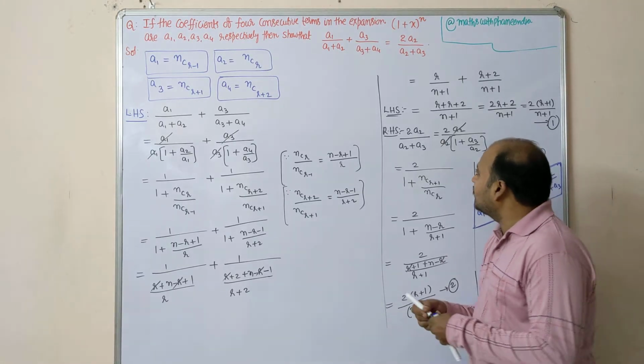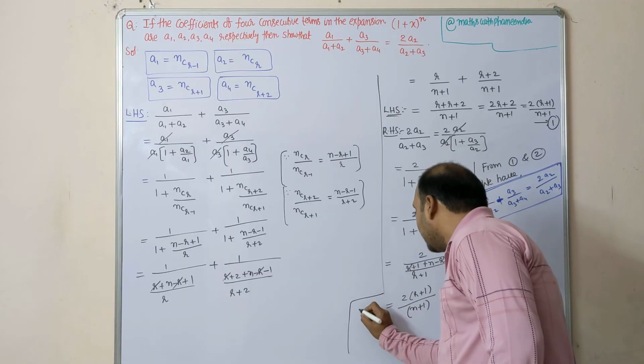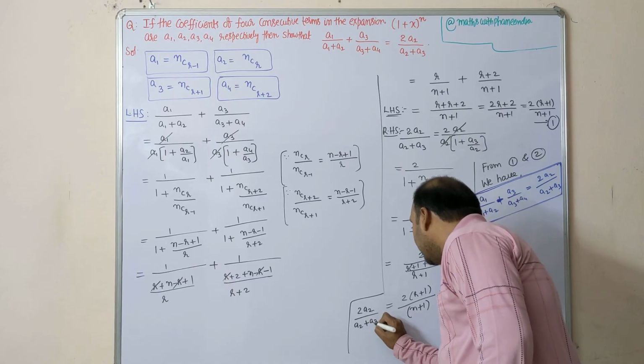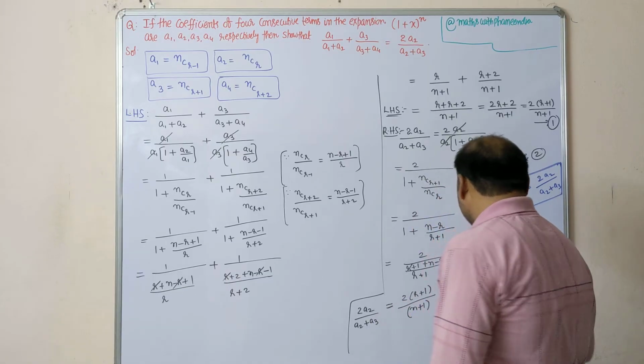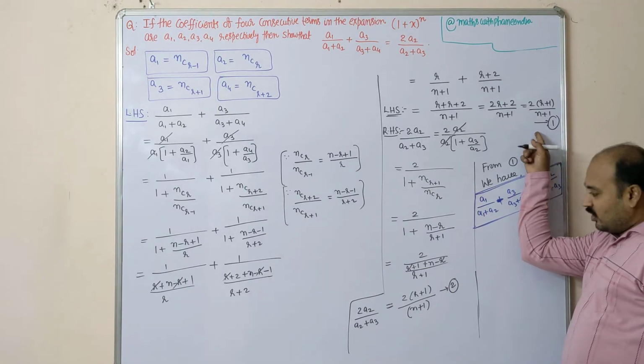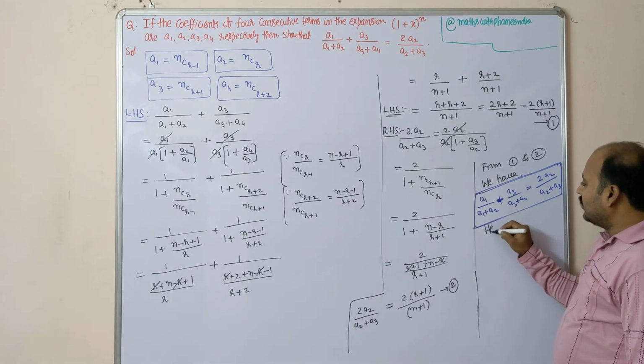This is about, dear students, from RHS. This is RHS, that is 2a2 by a2 plus a3. This value is equal to 2 times of r plus 1. Even here also 2 times of r plus 1 by n plus 1 we got. From 1 and 2, both are equal, we conclude that. Hence, proved.